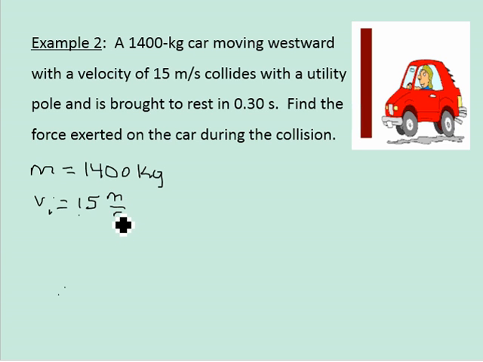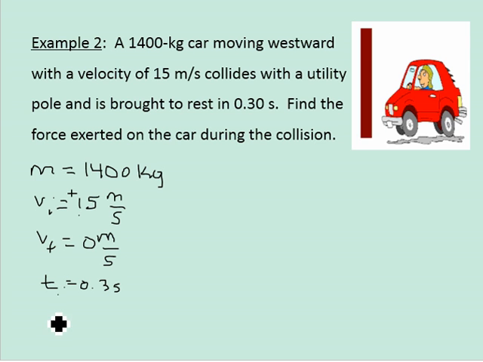To make my life easy, I'm going to say that the westward direction is positive, so that I can put a positive number in front of that 15 meters per second. My final velocity is 0, because it told me the car was brought to rest. And the time over which that force is exerted by the car interacting with the utility pole is equal to 0.3 seconds.